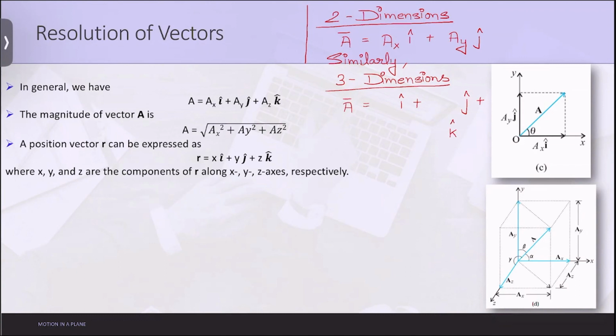So the three components can be denoted as ax, AY and AZ. That is the only explanation given. What we just did was increase our dimension from 2 to 3. This is only to be done when we are talking about 3 dimensions.